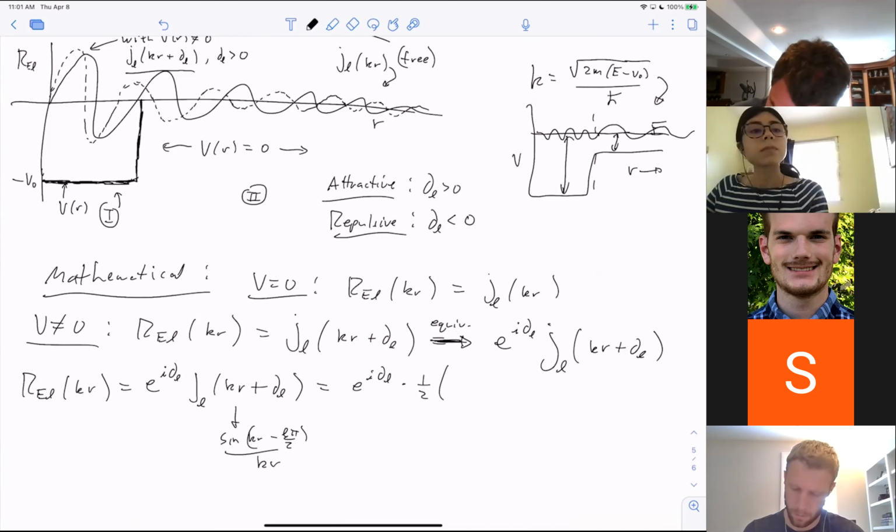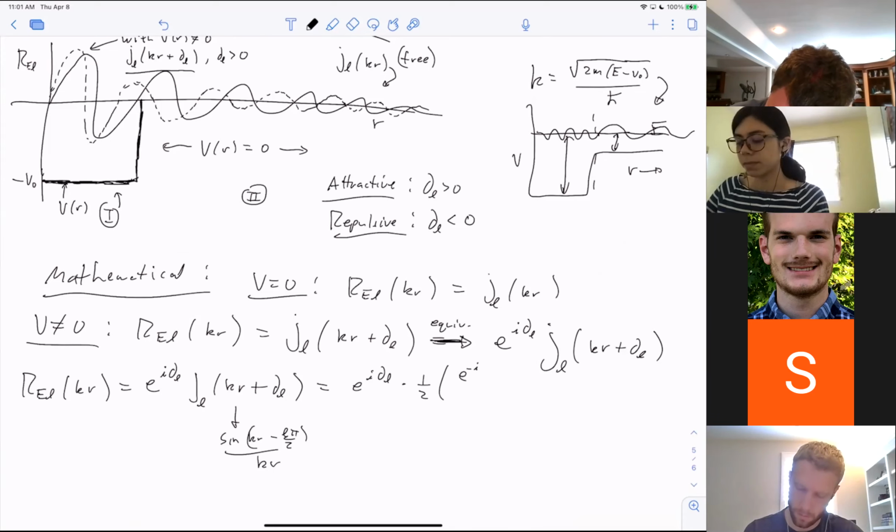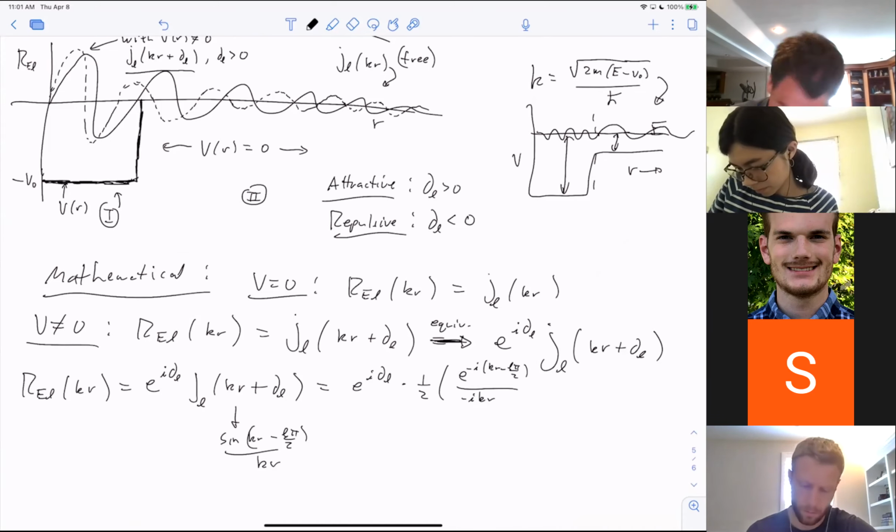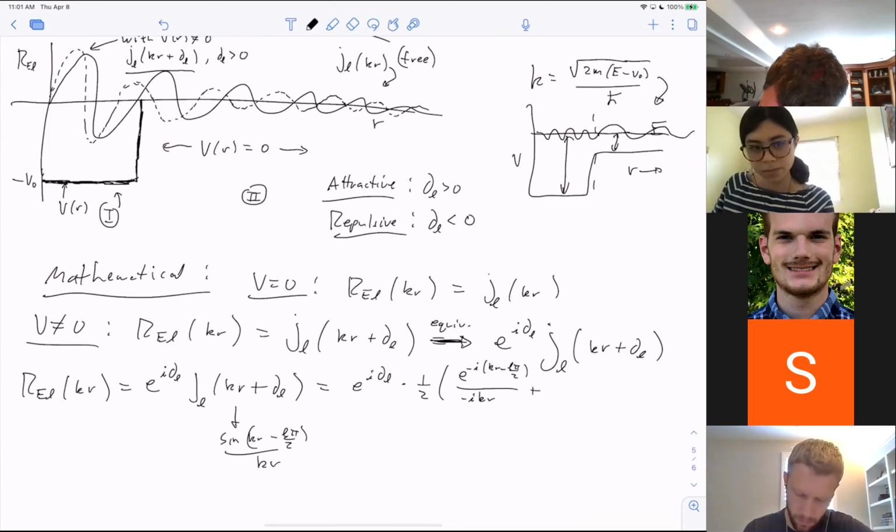I'm going to write it in this special way, and you can work this out on your own. It's really easy, the math. I just want to show it to you. Kr minus L pi over 2 over minus i kr plus e to the i kr.